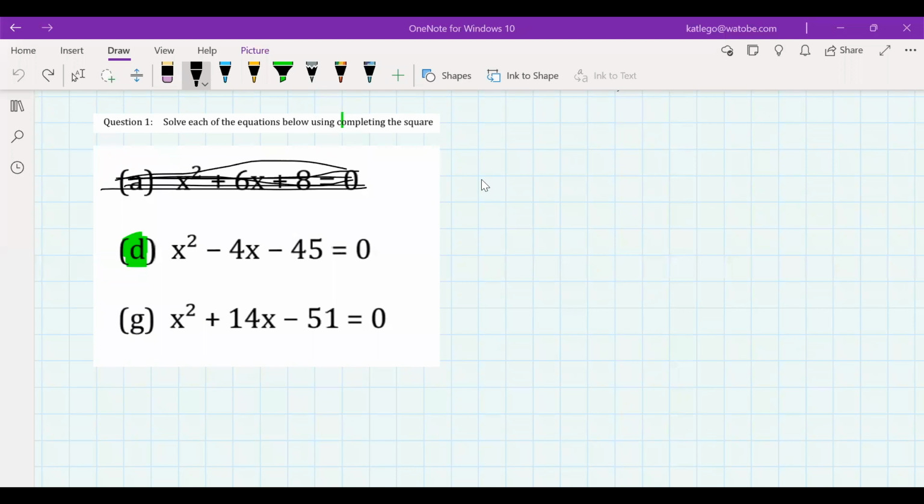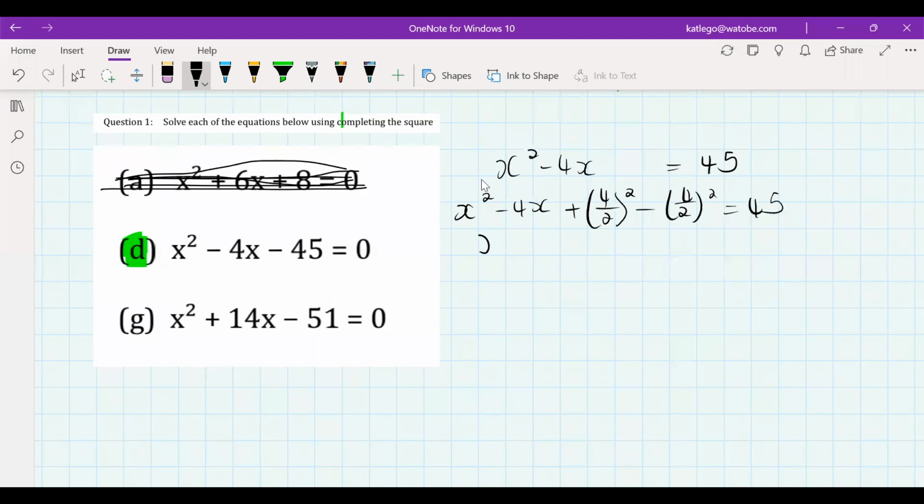Let's complete the square. We have x squared minus 4x, and I'm getting rid of the 45 to the other side, equals 45. Then plus 4 over 2 squared minus 4 over 2 squared equals 45.